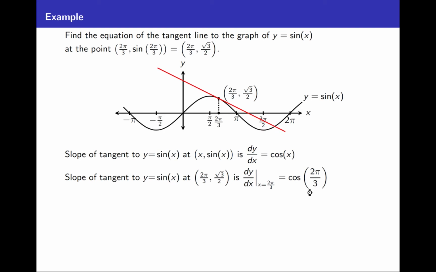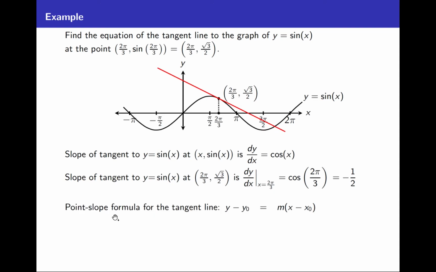If you think about the unit circle, that's negative 1/2. So that tells us that the slope of this tangent line is negative 1/2, which certainly looks reasonable. Rise over run it's definitely negative, and it looks like for a run of 2, you go down 1. So that's entirely what we would expect. This computation tells us that the slope is exactly negative 1/2.